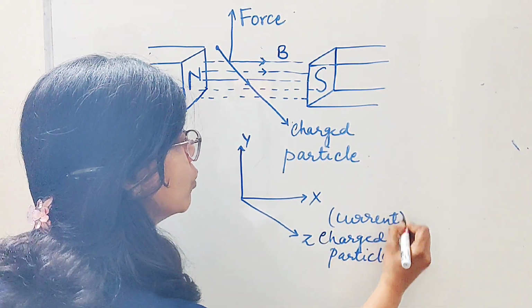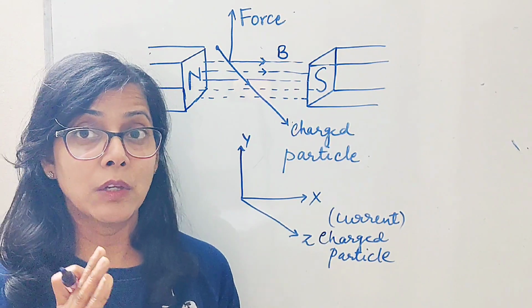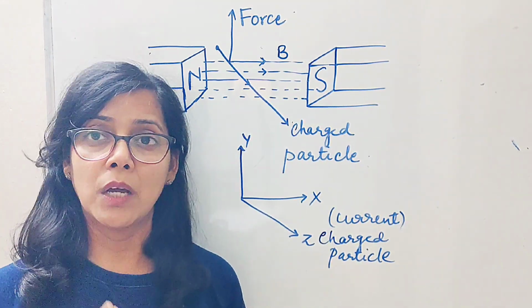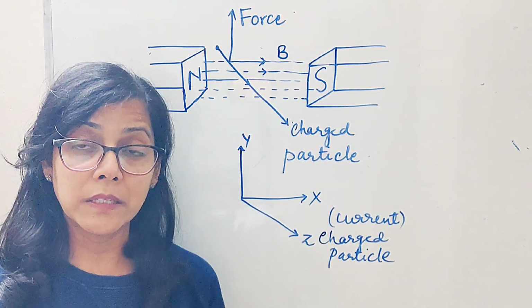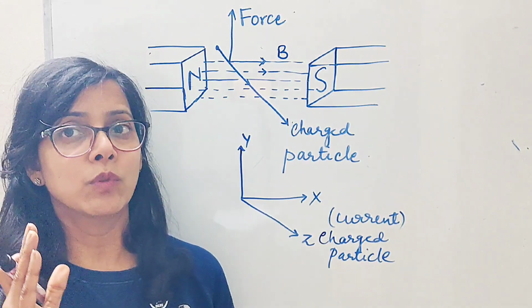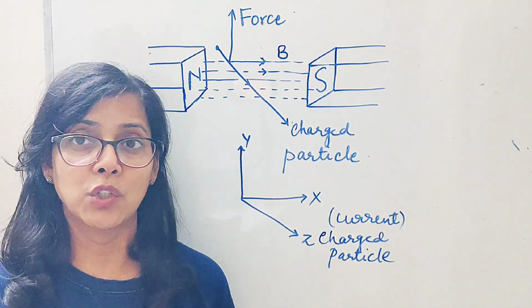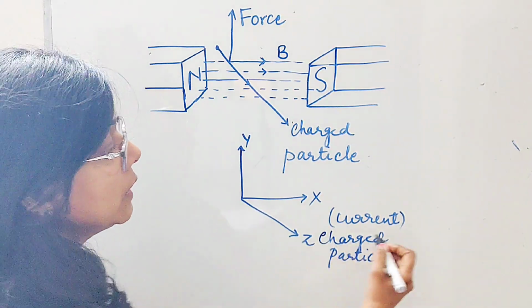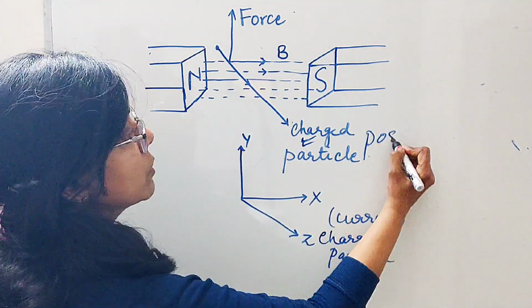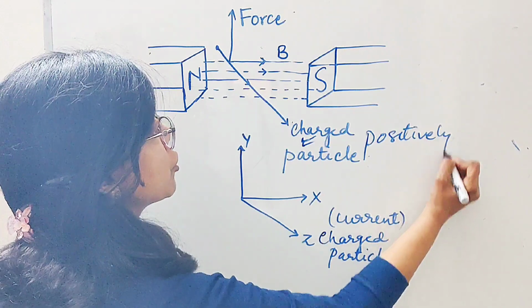And we know that conventionally the direction of current is the direction of the positively charged particle. So the answer here is, because they were asking what is the charge on the particle, that the charged particle is positively charged. So you will write down that this charged particle is positively charged.